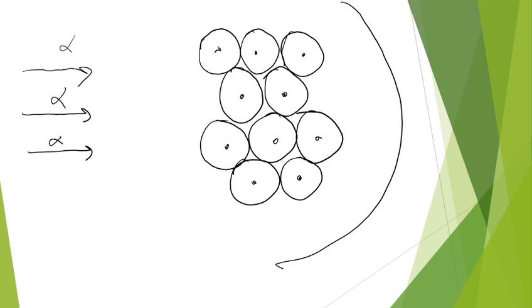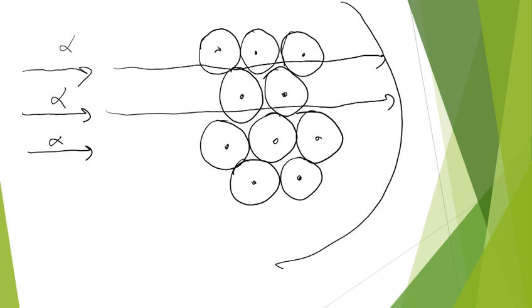But the observations were totally different. When he projected these rays on these particles, he observed that the maximum number of particles go straight through the atoms of the gold foil. He obtained a maximum number of bright spots on the X-ray screen placed just behind the gold foil.